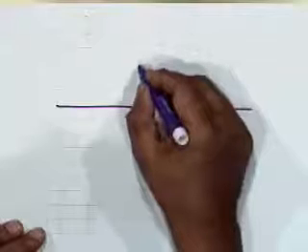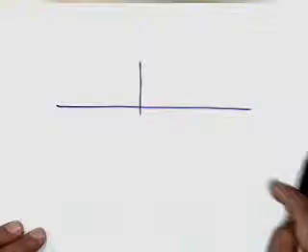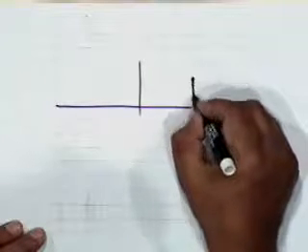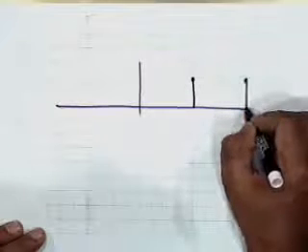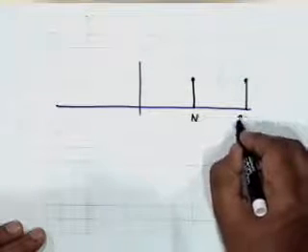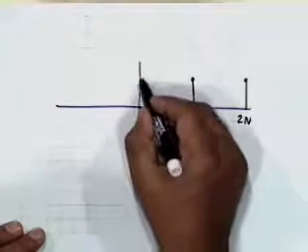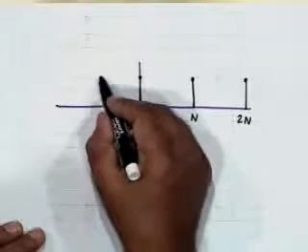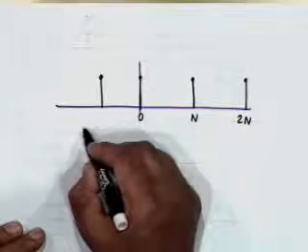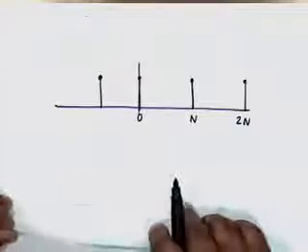X of n, as you know, is a chain of delta functions. I'm sorry, I misjudged the length.